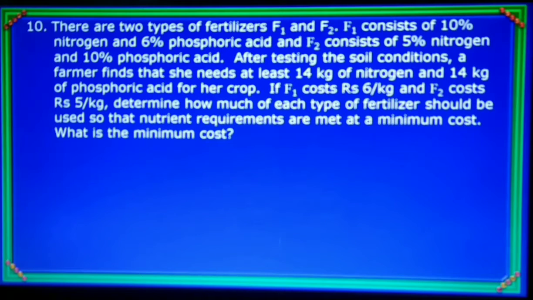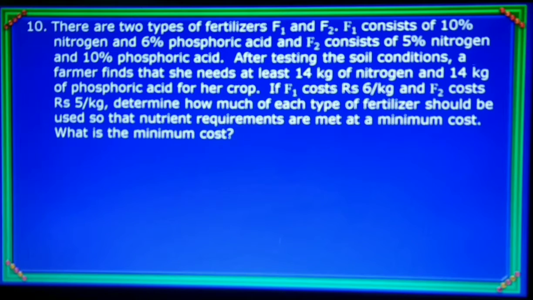After testing the soil conditions, a farmer finds that she needs at least 14 kg of nitrogen and 14 kg of phosphoric acid for her crop.